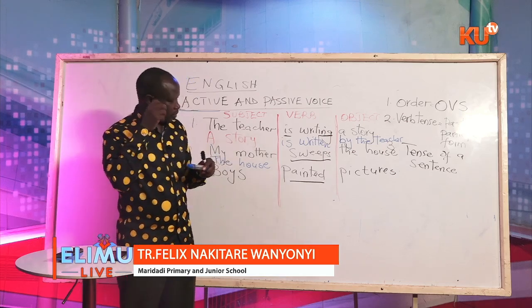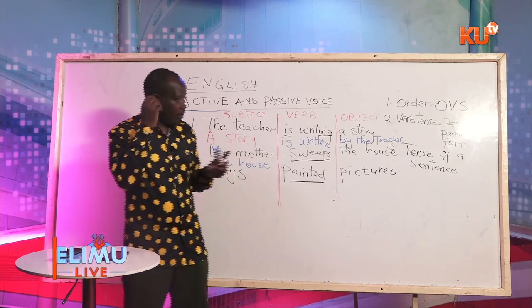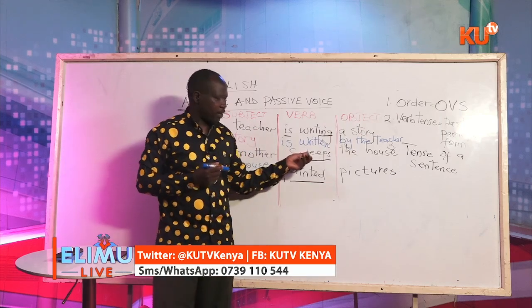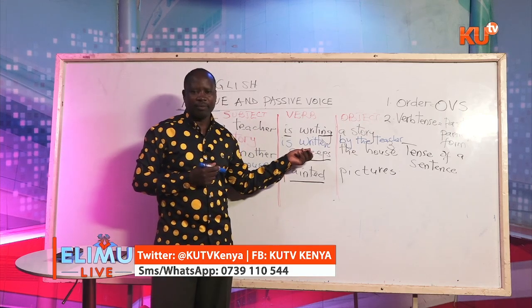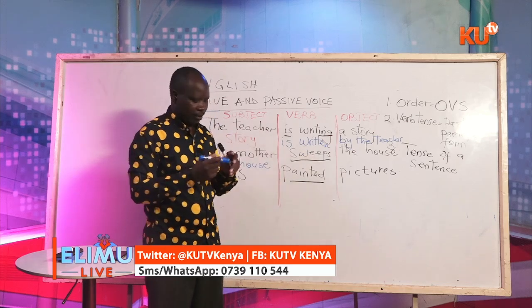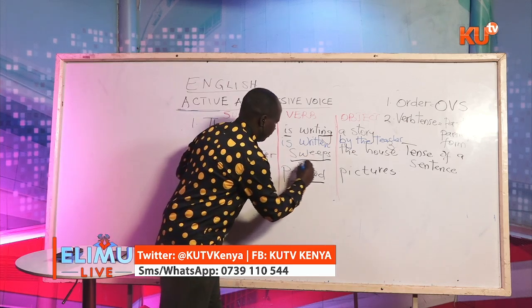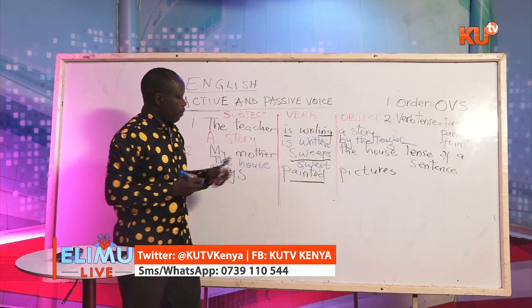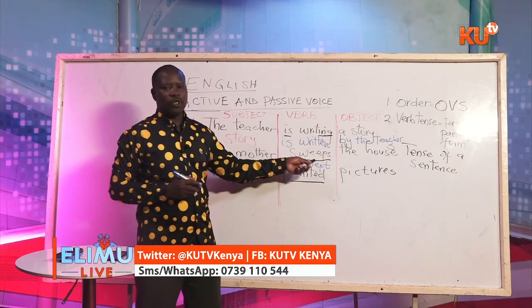Then we come to the verb. We change our verb to past participle. What's the past participle of sweep? Good. Swept. Past participle of sweeps is swept.